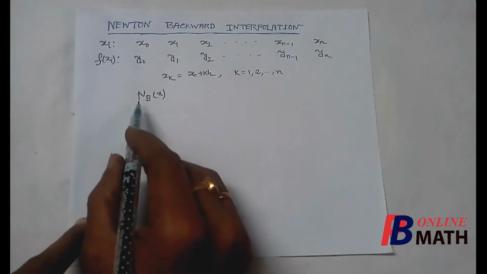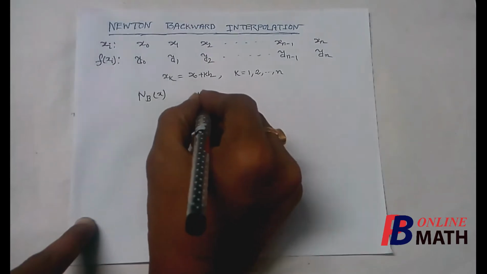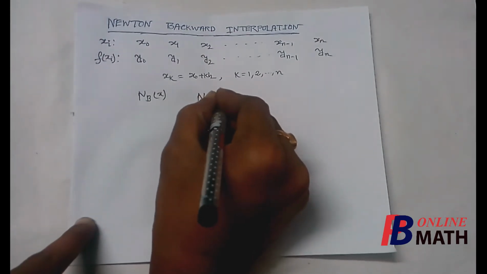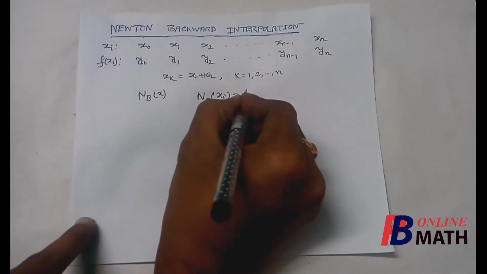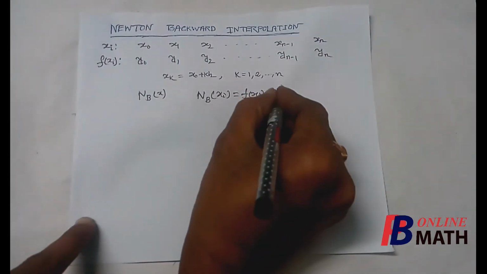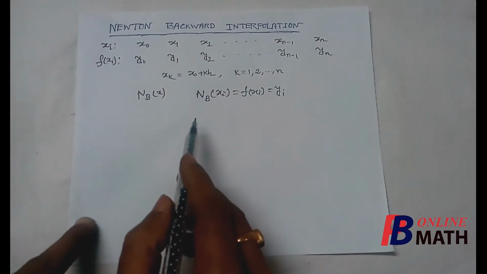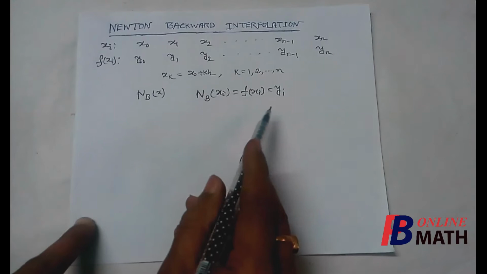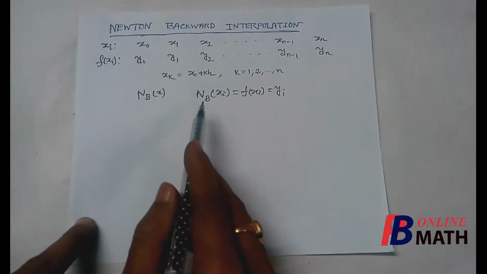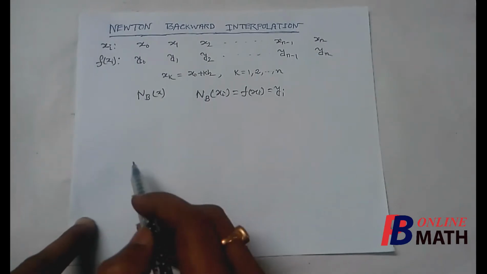That means Nb(xi) must be equal to f(xi), which is equal to yi, where i varies from 0 to n. So there are n plus 1 conditions, and using them we shall find this polynomial Nb(x).